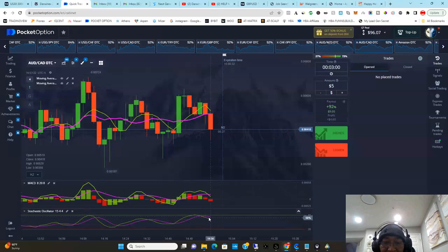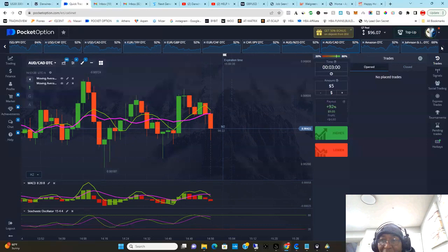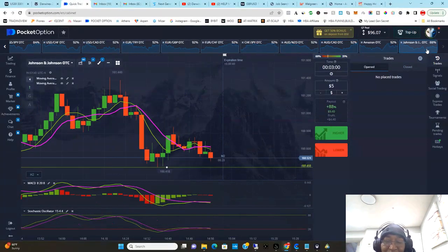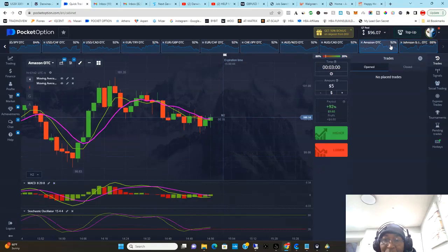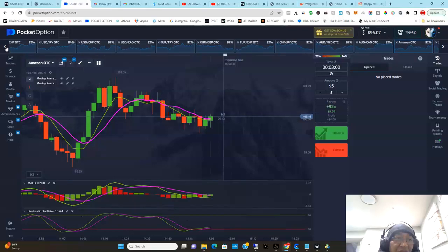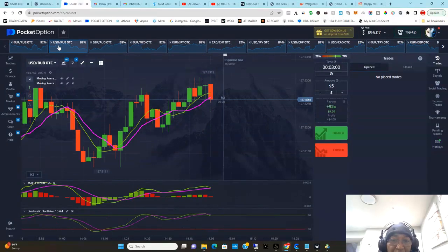You can see this is pointing down, but this is not crossed each other yet. So the moving averages have to cross each other. So follow the rules, guys, if you want to succeed with this setup. Okay, if I can't find any pair, we're going to call it a day here and continue tomorrow.